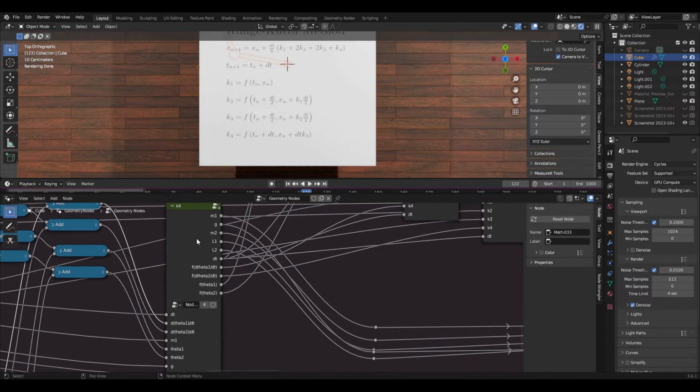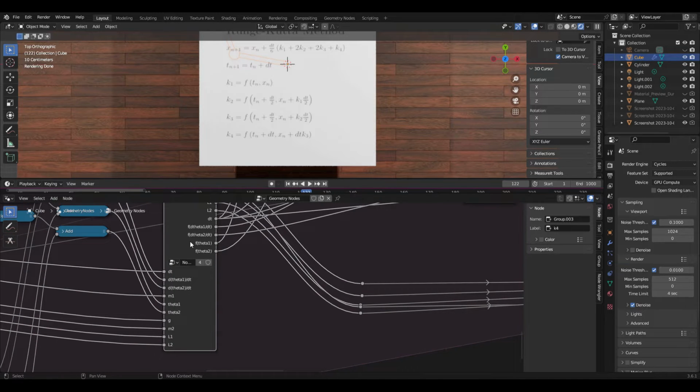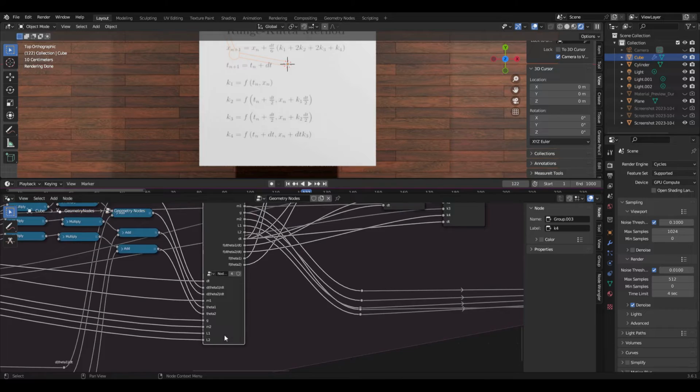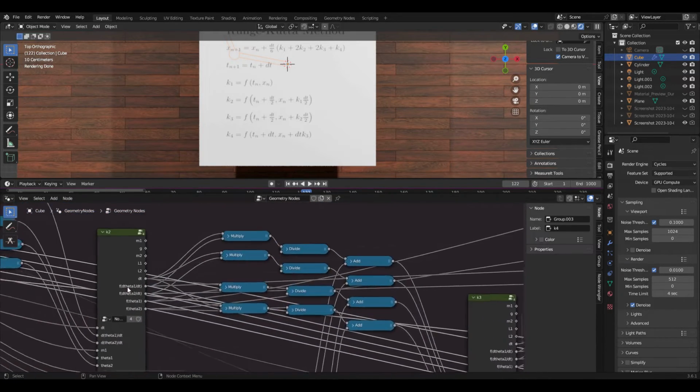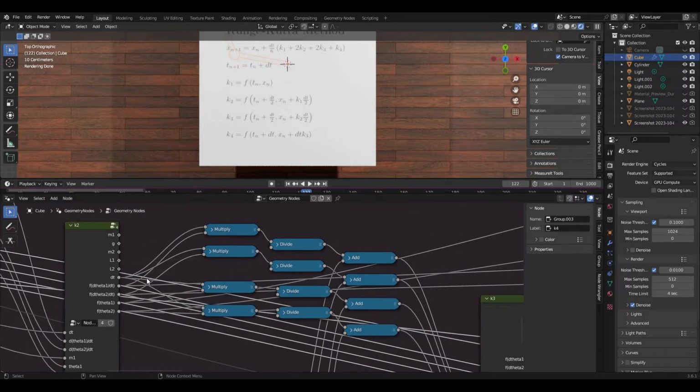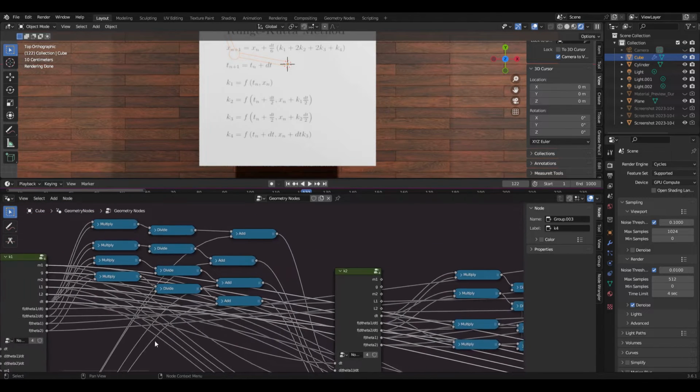So then K3, there's a similar thing. You're taking x of n and adding K2 dt over 2 into it, and then that goes into K4, where it's multiplied by delta t and then added to x of n.